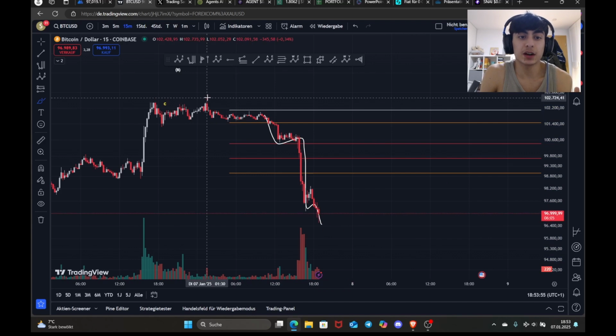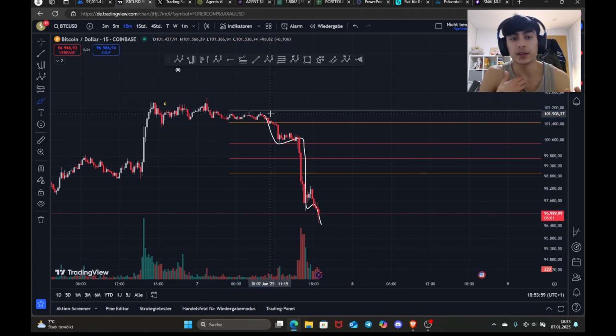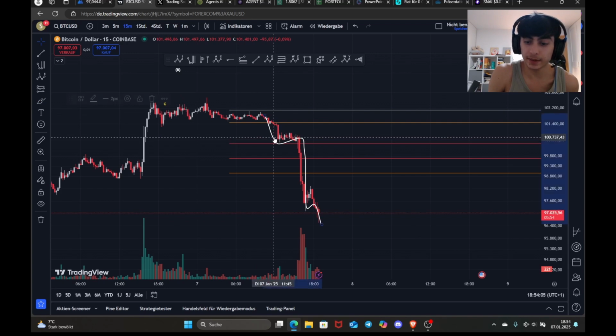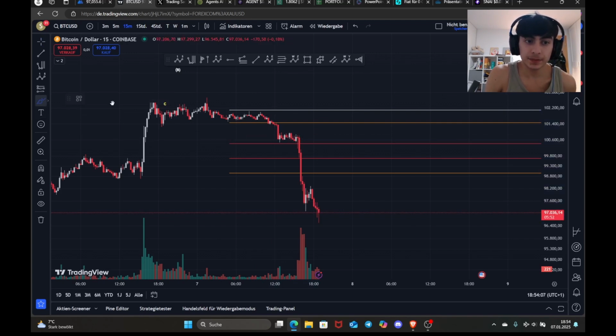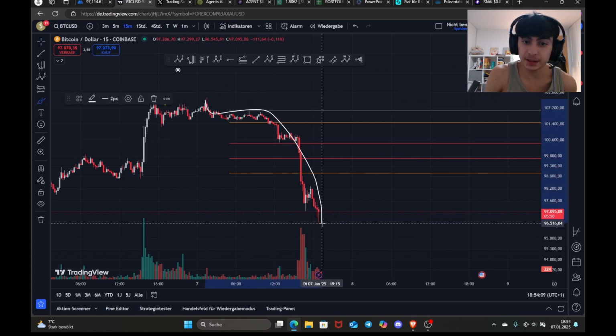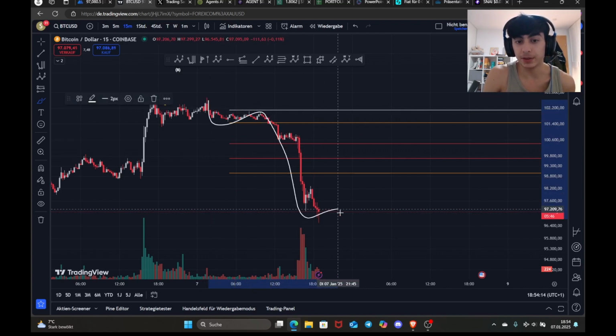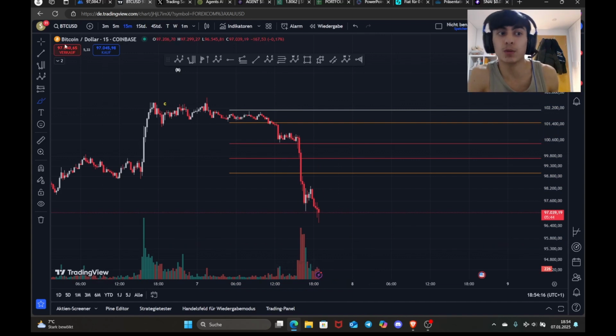But then the question is, how are you going to count this? That's always another thing. So right now, the two possibilities are either counting this as a finished ABC, or counting this as an impulse to the upside, where we are still looking for most likely one more low.